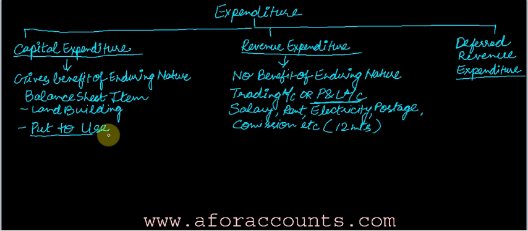Till any fixed asset is put to use, any expenditure done for the machinery or for any building so that it can be put to use, although it is of revenue nature, will be treated as capital expenditure.